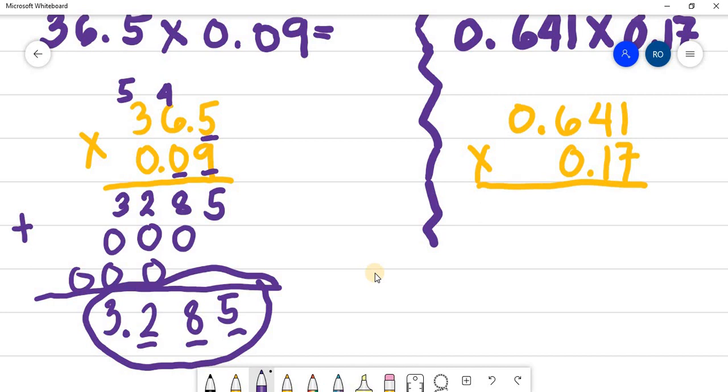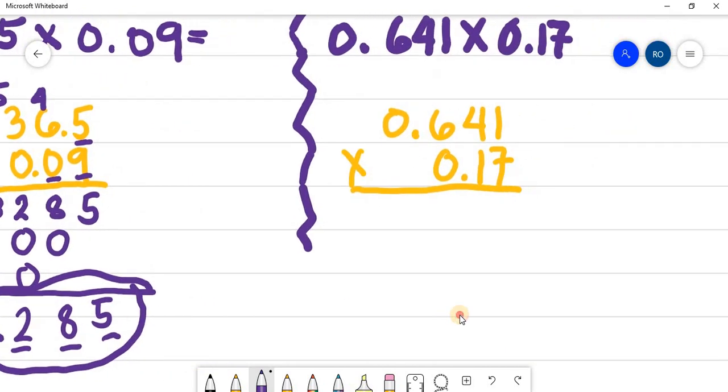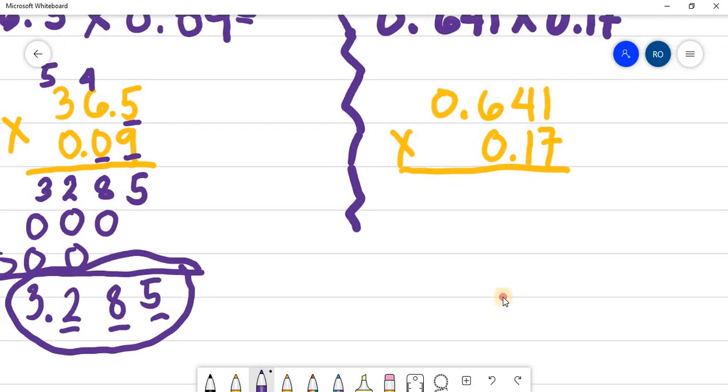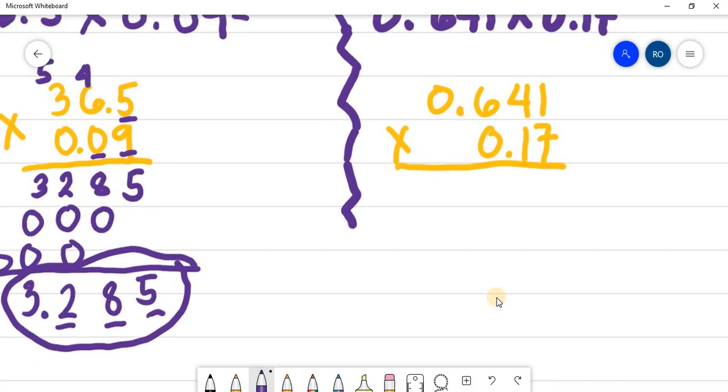Okay, let's proceed to the next example. We have 0.641, or 641 thousandths, times 17 hundredths. Let's start multiplying. 7 times 1 is 7. 7 times 4 is 28.